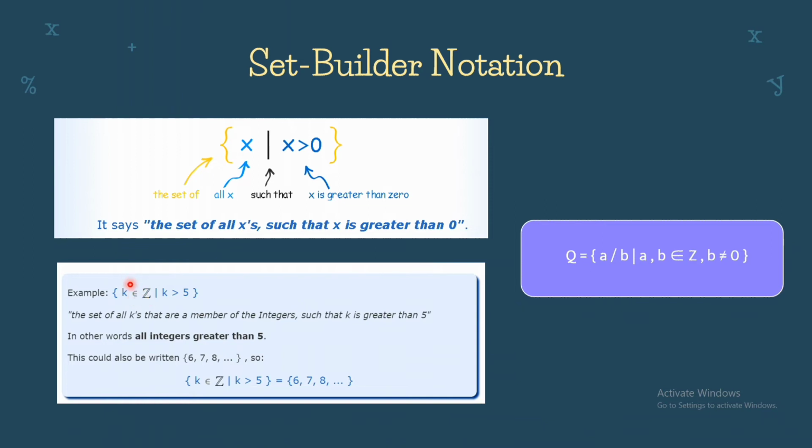Kasi yung Z, diba natin kanina, is symbol siya for integers, such that k is greater than 5. So, in other words, all integers greater than 5. So, ganun lang yun. So, it can also be written as 6, 7, 8, so on and so forth. So, ang main purpose ng ating notation is to assist us para mas maintindihan pa natin ang tinatawag nating set.